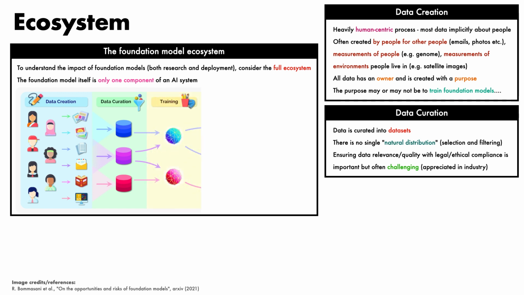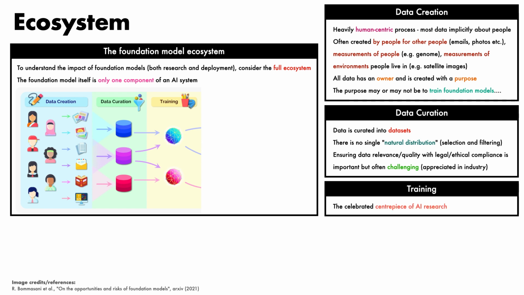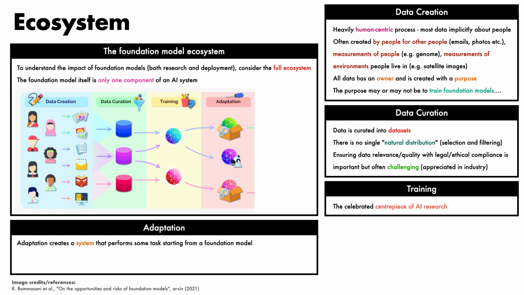The third stage of the ecosystem is the training of the foundation model itself. This is the celebrated centerpiece of AI research, but as we can see, it is only one part of a bigger picture. The fourth stage is adaptation, which creates a system to perform some task starting from a foundation layer as base.